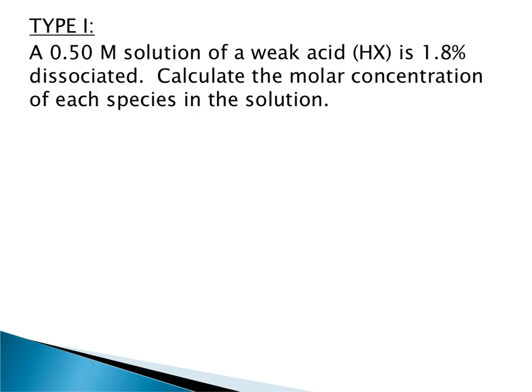Let's do a few examples. A 0.5 molar solution of a weak acid, we'll call it HX, is 1.8% dissociated. Calculate the molar concentration of each species in the solution.